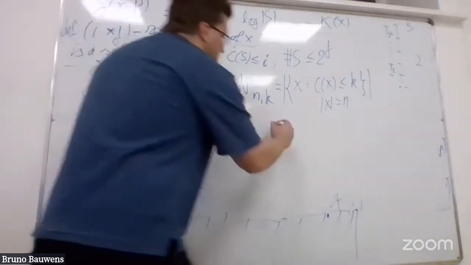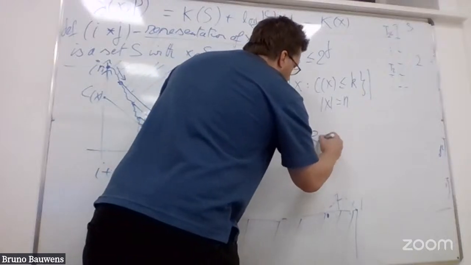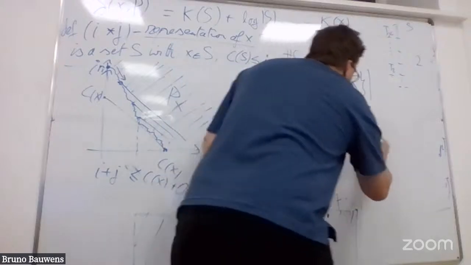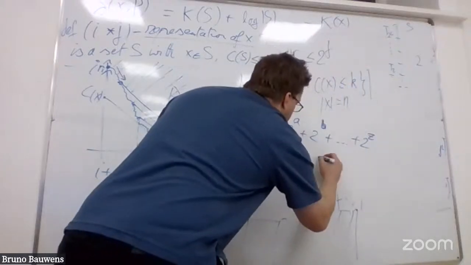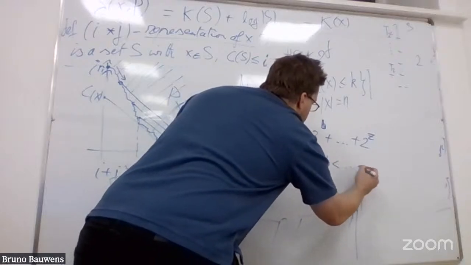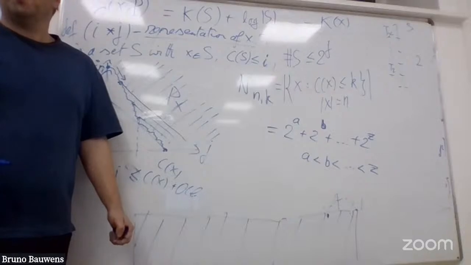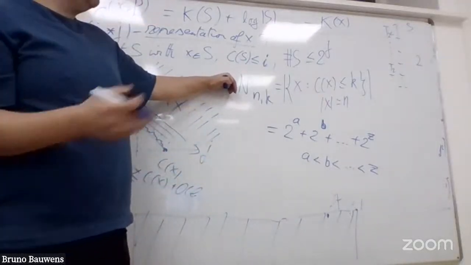And the idea is to look at the binary decomposition of this number, as a sum of powers of 2, where A is bigger than B is bigger than C. So there exists an enumeration. We can enumerate all the strings.